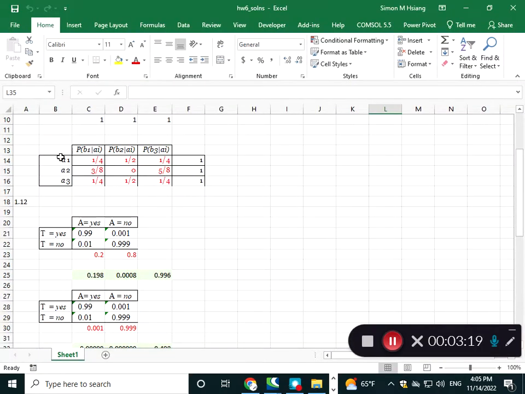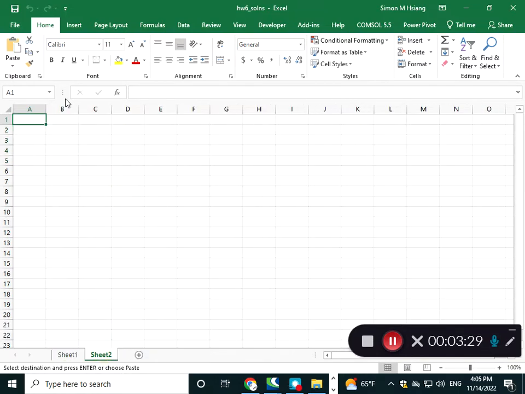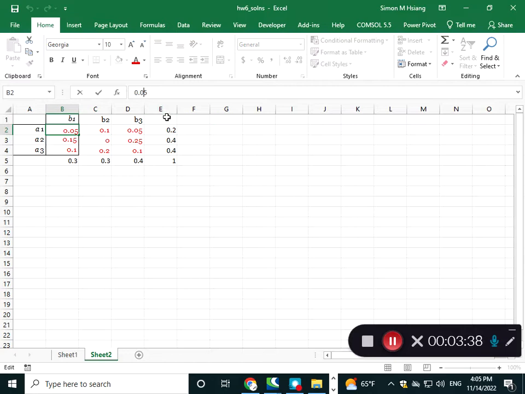Okay, and I'm going to copy this part. I'll copy this table, but I don't want to use that. So let me fake some new numbers here.